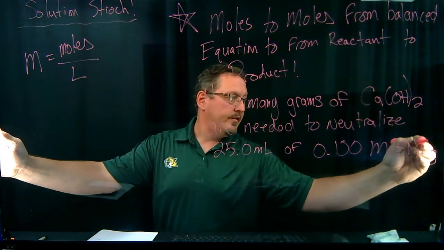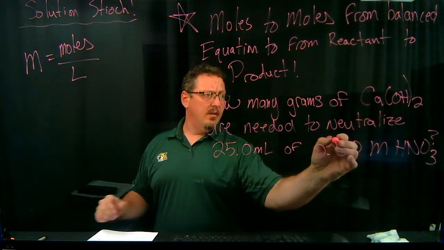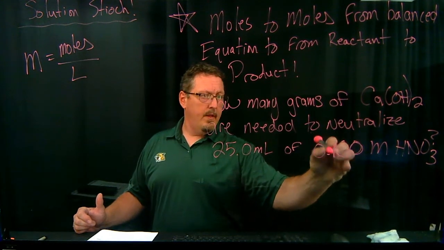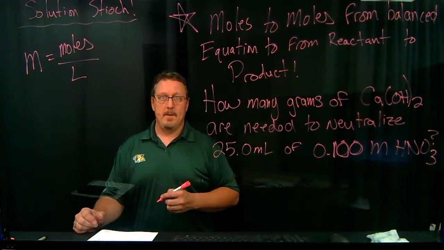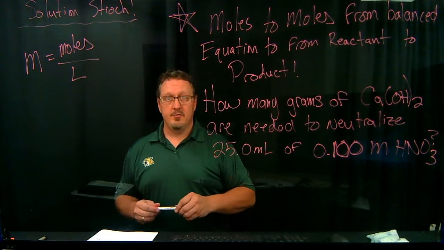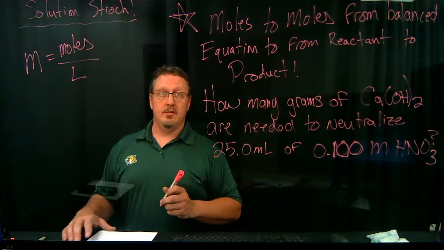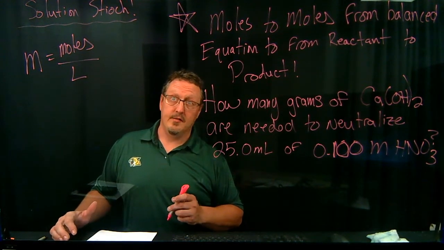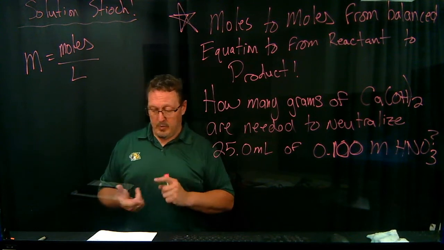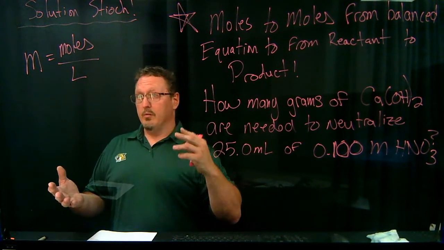So that is our question. Sorry, that's hard to see. I'll switch pens here in just a second. So, how many grams of calcium hydroxide are needed to neutralize 25.0 milliliters of a 0.100 molar nitric acid solution?